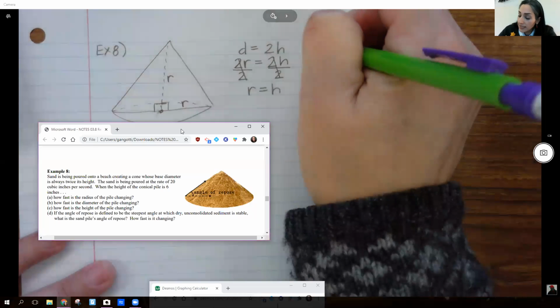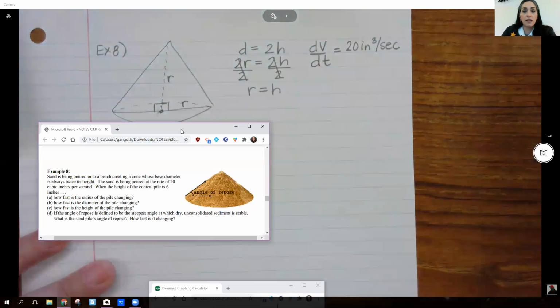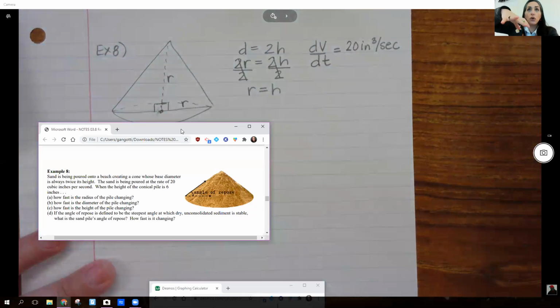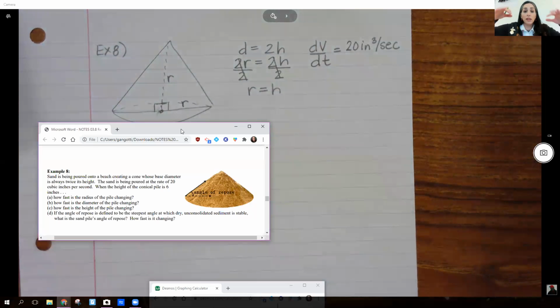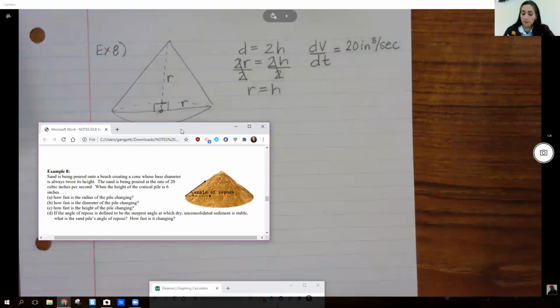So this is dV/dt, okay? And it's being poured, so it's accumulating. The cone-shaped sand is getting bigger and bigger, so the volume is growing. It's a positive 20 cubic inches per second.